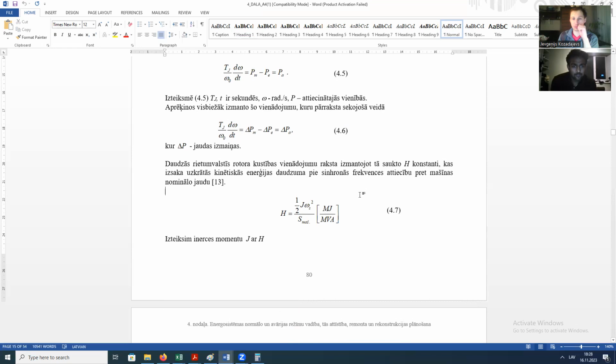So we could represent the inertia using the letter H in megajoules divided by megavolt amperes.